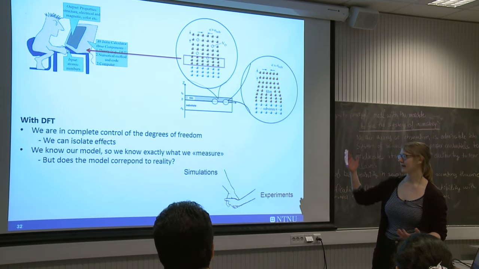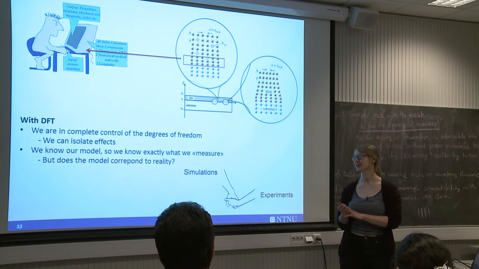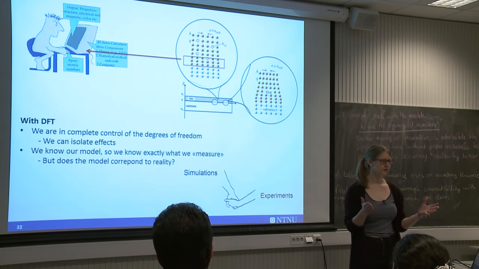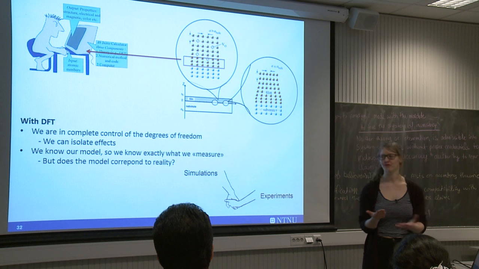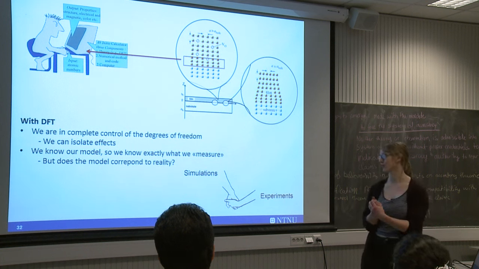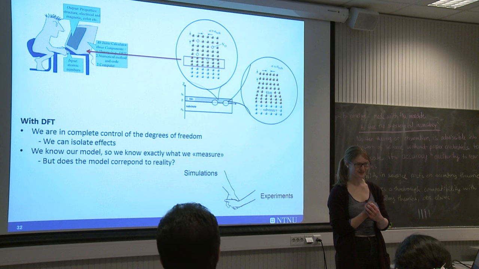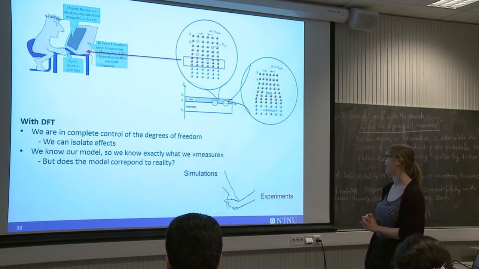In DFT, you have complete control of the degrees of freedom. That's a nice thing. You know your model, so you know exactly what you measure. Of course, the challenge is, does the model correspond to reality? So I don't say that DFT should replace lab experiments. I say that they have to go hand in hand.